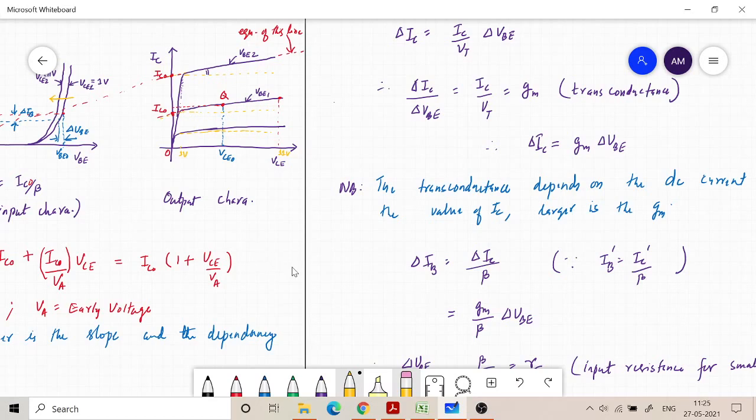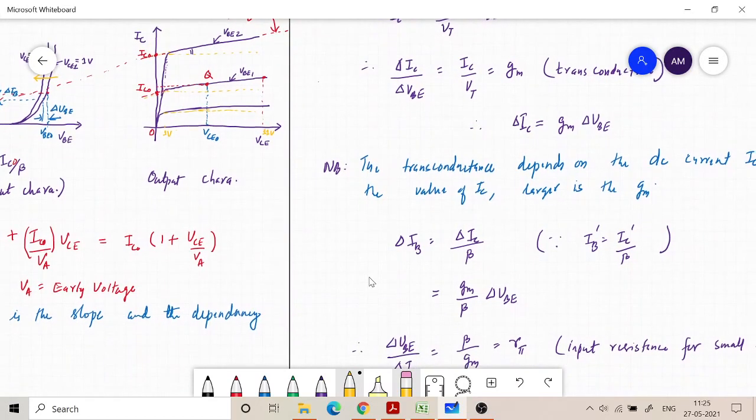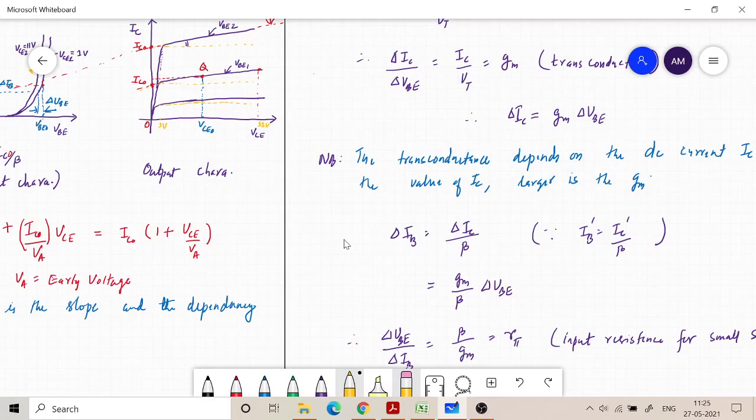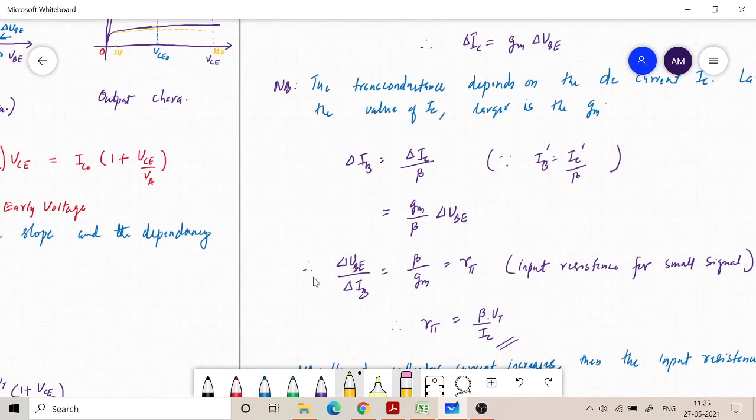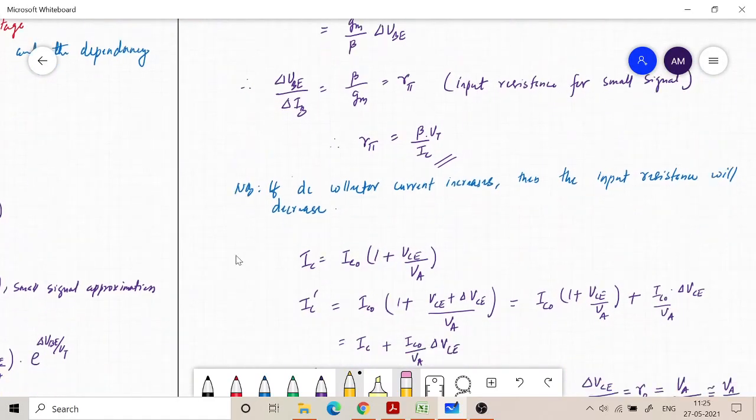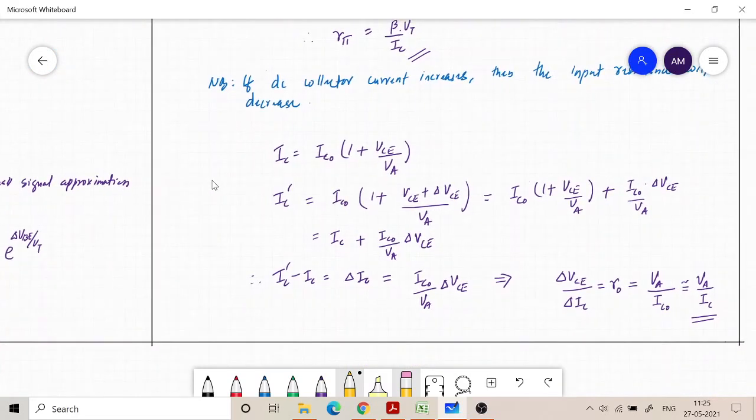That slope is what gives rise to your R naught. So as IC increases, R naught becomes smaller.